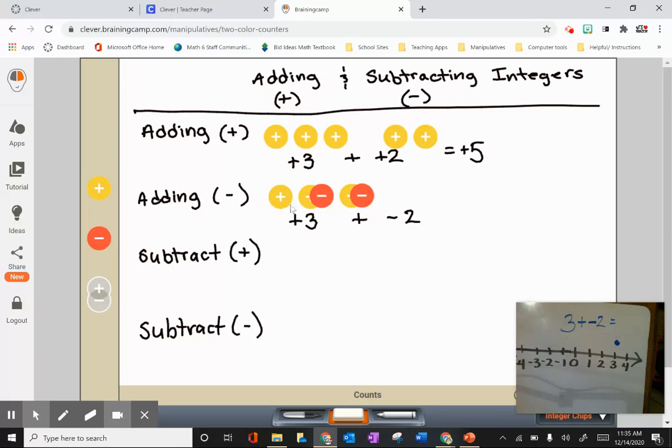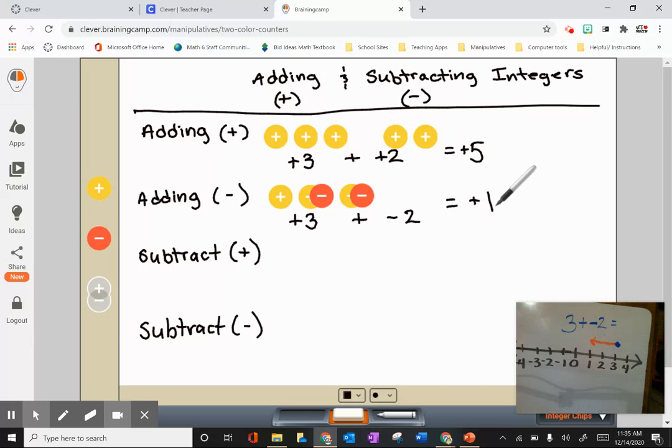What are you left with? 1 positive. You're left with a positive 1, a 0, and a 0. So in this case, our answer is positive 1. So what actually happened on the number line was we went this way and ended up at positive 1.